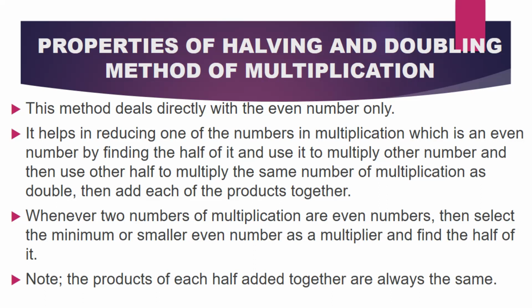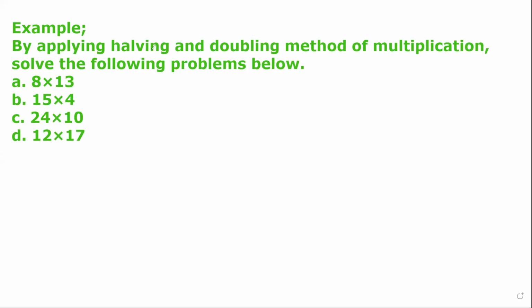Okay, good. Let's try one more example and see how the halving and doubling method works when there's an even number in a situation. Okay, good. Now, example. By applying the halving and doubling method of multiplication, solve the following problems below. A, 8 times 13. B, 15 times 4.